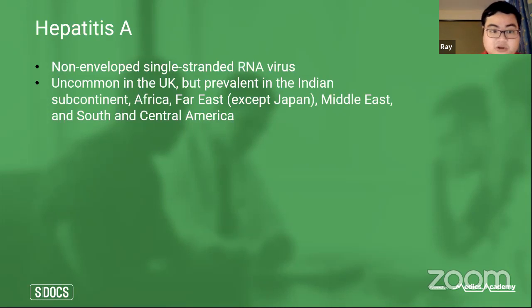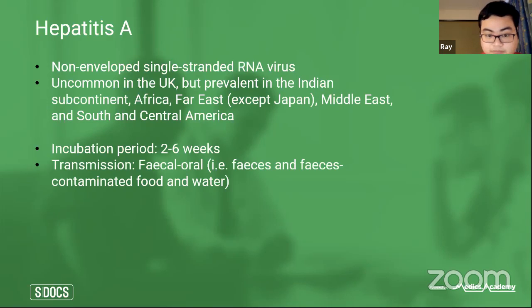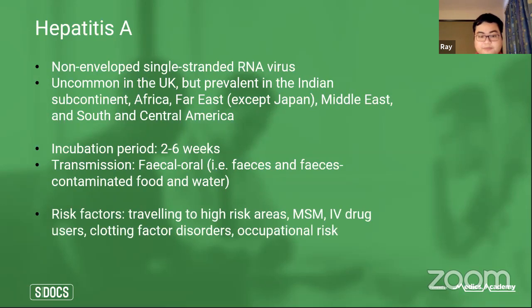Hepatitis A is a non-enveloped single-stranded RNA virus, which is uncommon in the UK, but more common in the Indian continent, Africa, Far East, Middle East, and South and Central America. The incubation period is usually 2 to 6 weeks and is transmitted via the fecal-oral route, which means feces and feces-contaminated food and water.